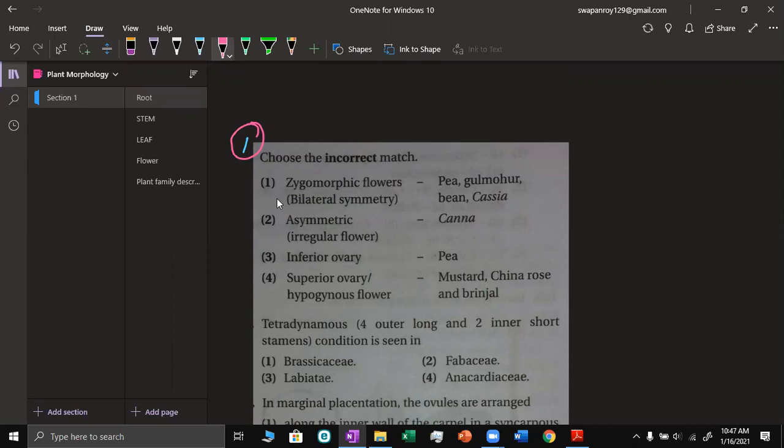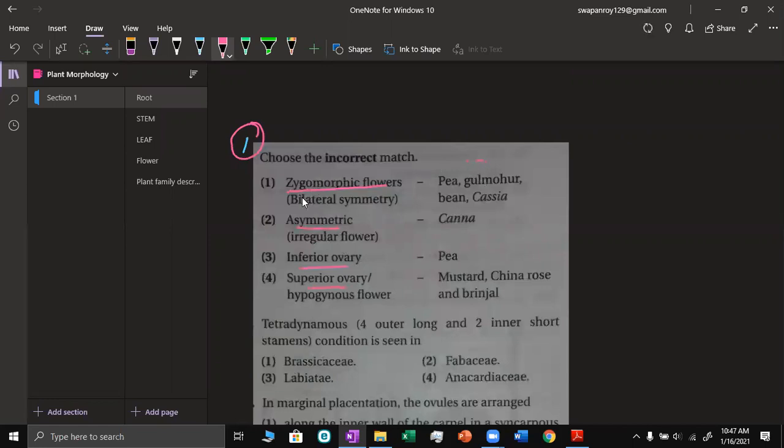The matching here gives some characteristics of flowers: zygomorphic flower, asymmetric flower, inferior ovary, and superior ovary.